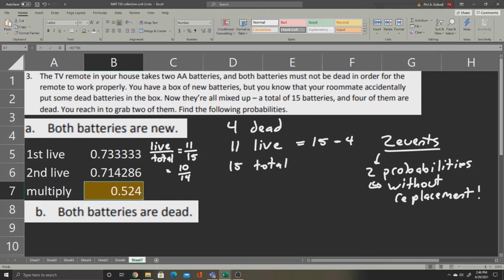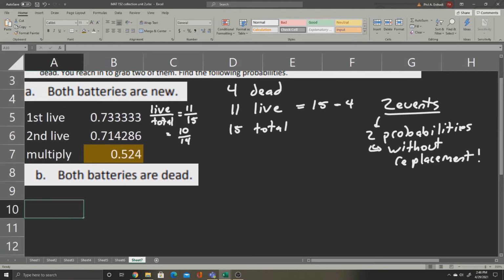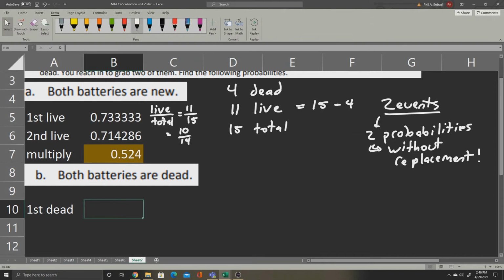We can do the same thing to find the probability of both batteries being dead. So let's find the probability of having the first dead battery. Now we have a total of 4 batteries in the pile that are dead. So we'll say our dead batteries are 4. But to find the probability, we divide by the total.